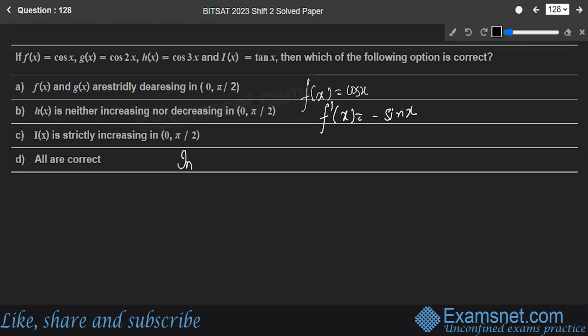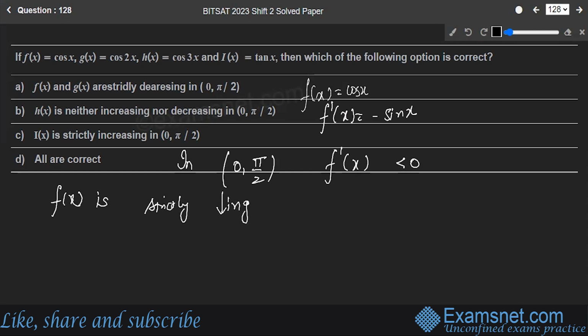So now in the interval 0 to pi by 2, this is less than 0. Therefore, f(x) is strictly decreasing on the interval 0 to pi by 2.